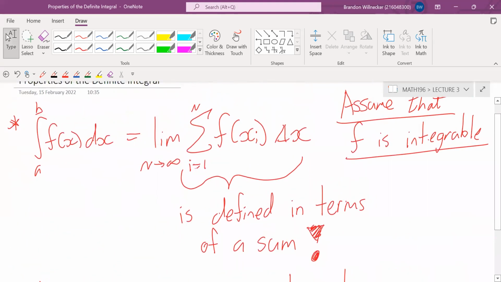Now, not all of these properties of the sum carry over because we do have these limits in front. But some of the very useful summation properties do carry over to integrals. Not all of them, but we will get to that later.